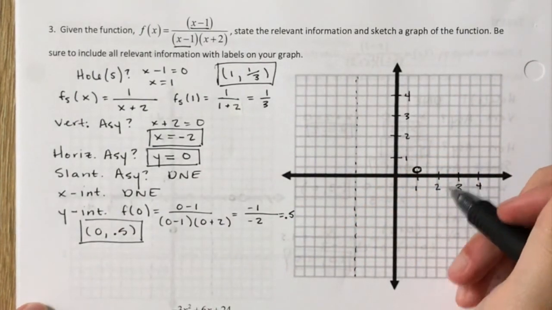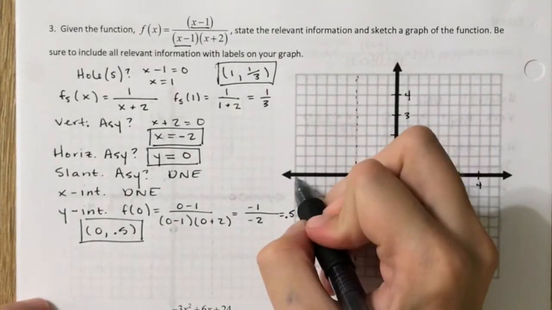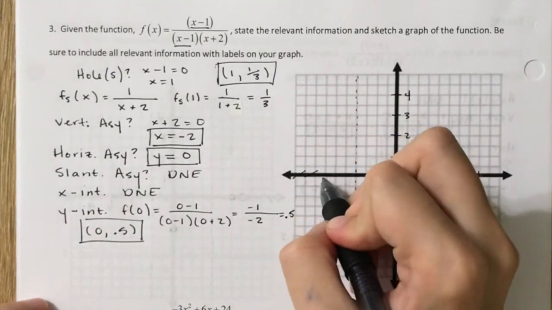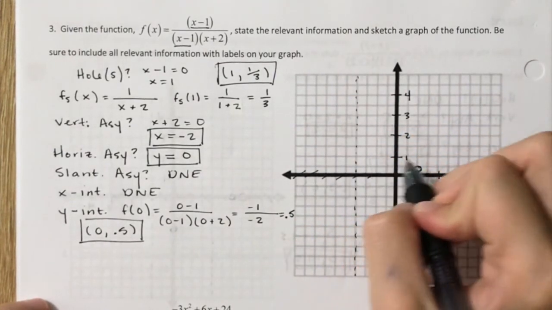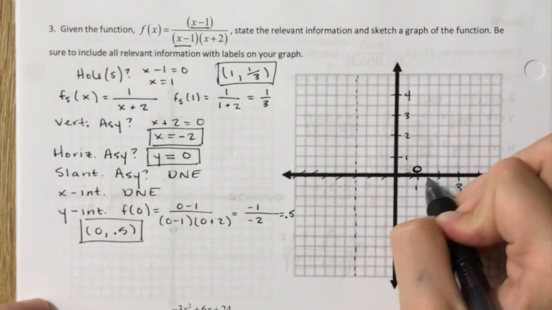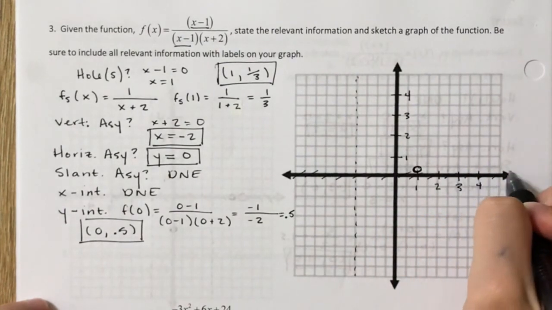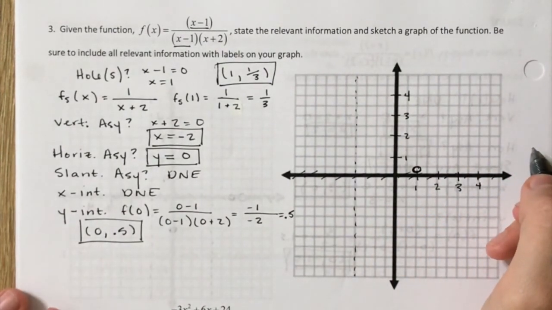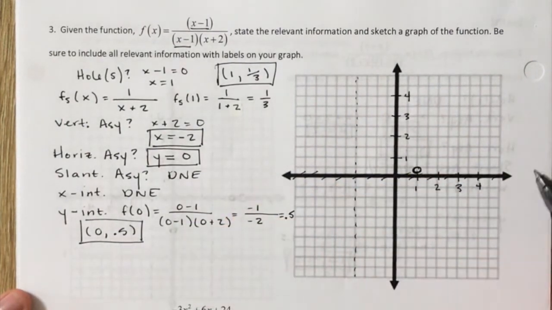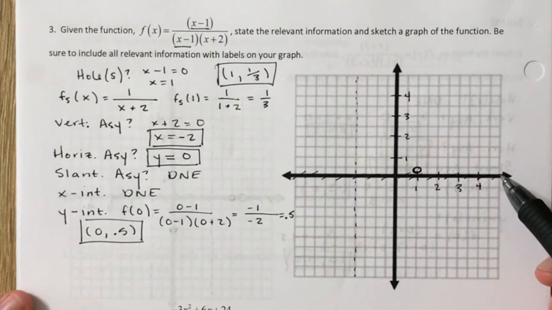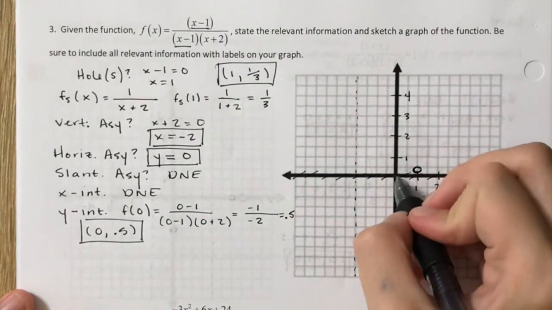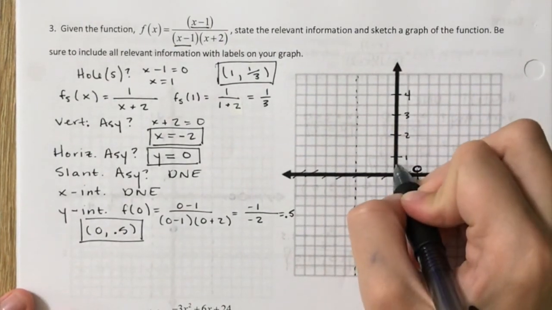Then we have the horizontal asymptote at y equals 0. Since this line is so thick, I'm going to draw this as slashed lines because we wouldn't really be able to see dotted lines otherwise running through that. And last but not least, we have the y-intercept at 0.5. So that is right here.